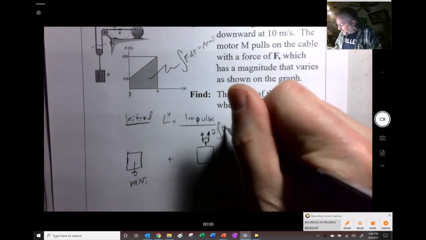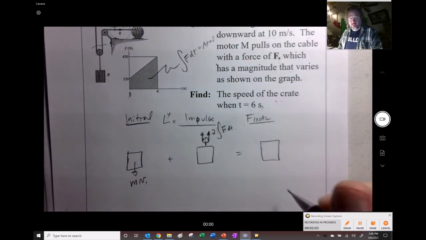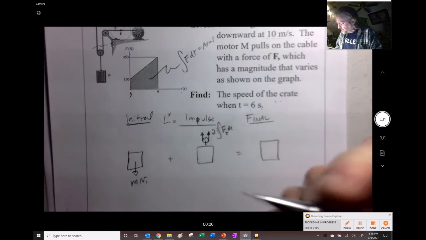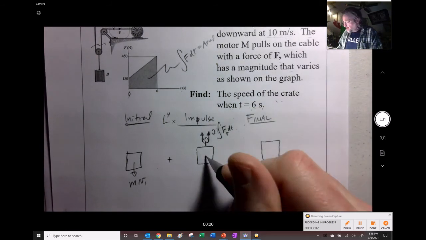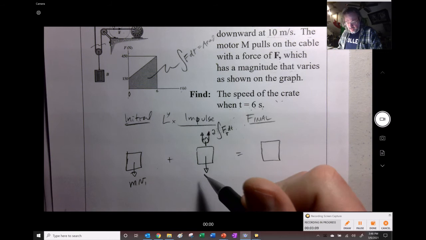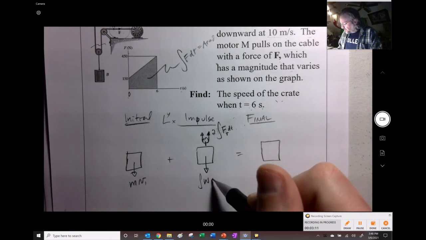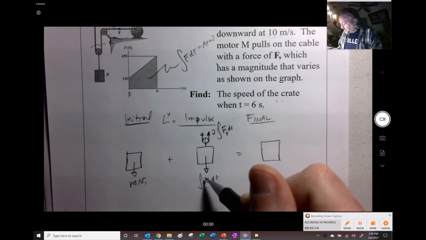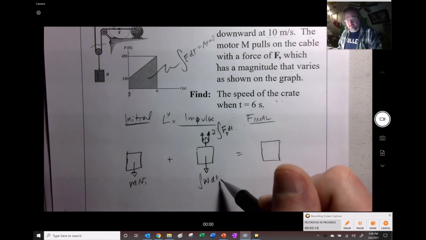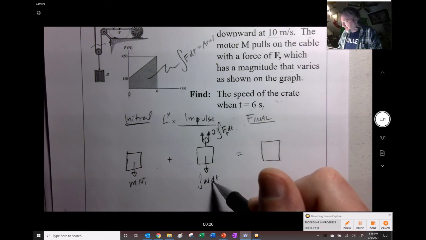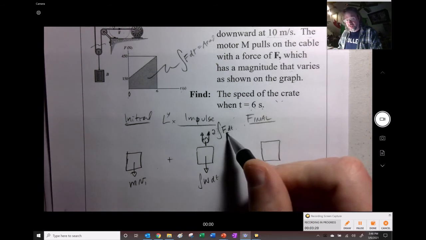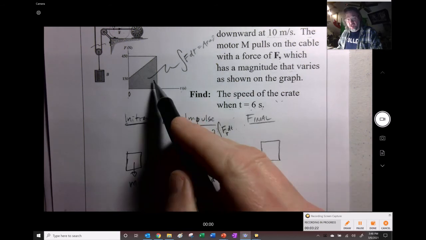It's the integral of F dt, and I'll say it's tension. Then this also has the integral of W dt, but we could just say that's going to be W delta t, because this weight is constant. This force is not constant. The force is changing with time, obviously.